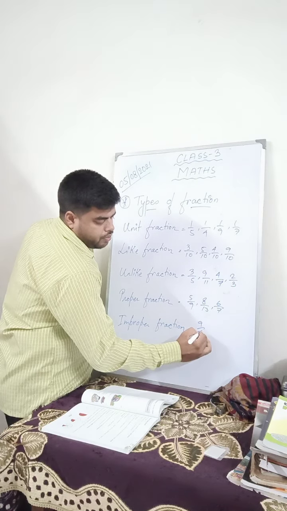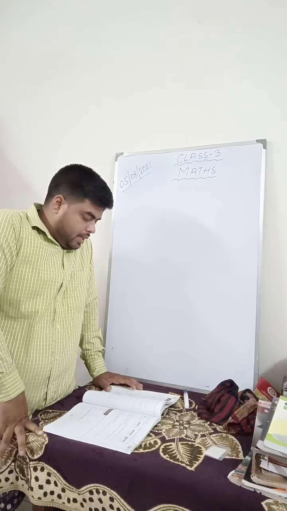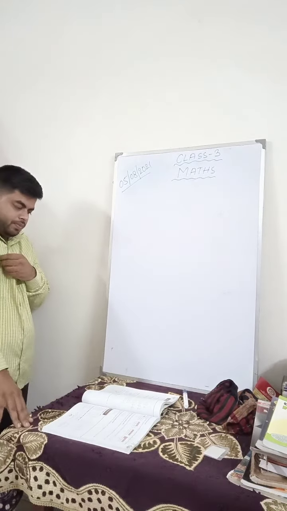So children, I am erasing this so that we can move to the exercise. Keeping this rule of different types of fraction, we have to complete exercise 6.4.